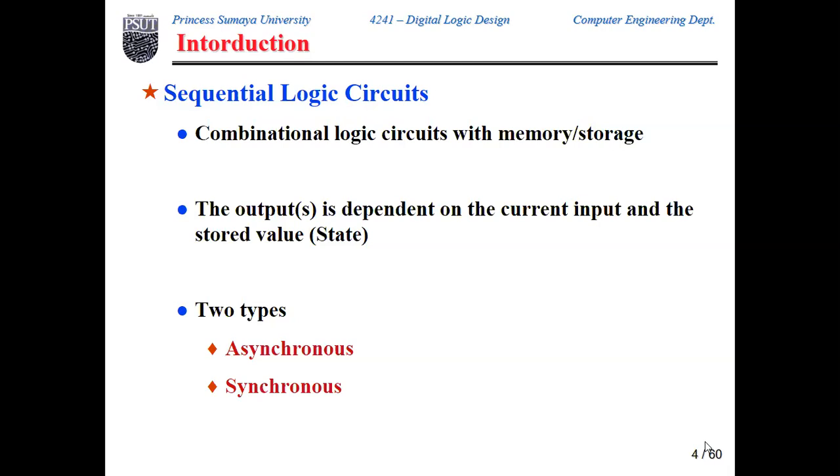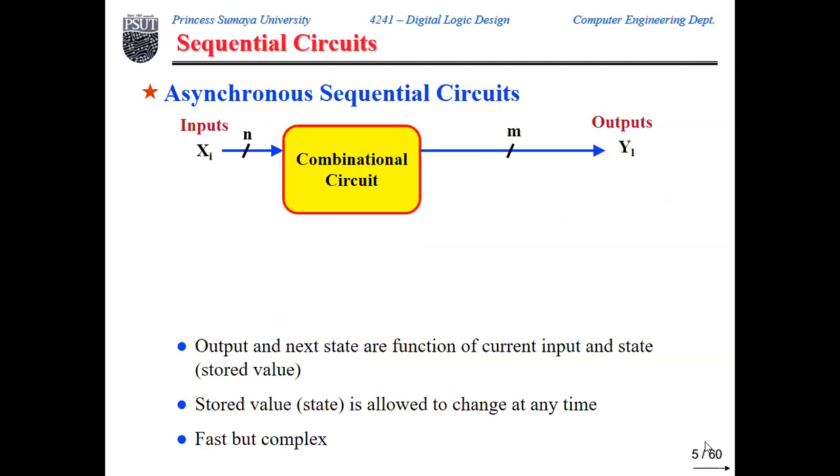There are two types, we said, of sequential circuits, the asynchronous type and the synchronous type. And chapter 5 technically is concerned with the synchronous sequential circuits. So we said the sequential circuit is a combinational logic circuit where we have a certain number of inputs and a certain number of outputs.